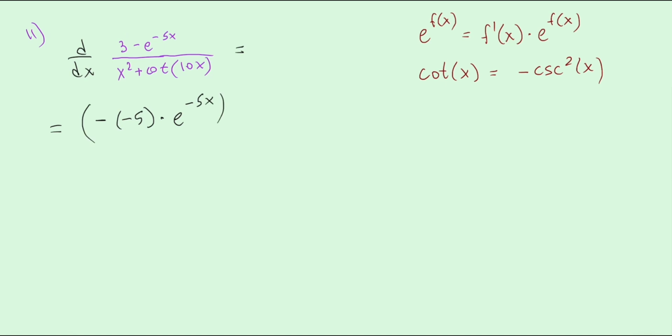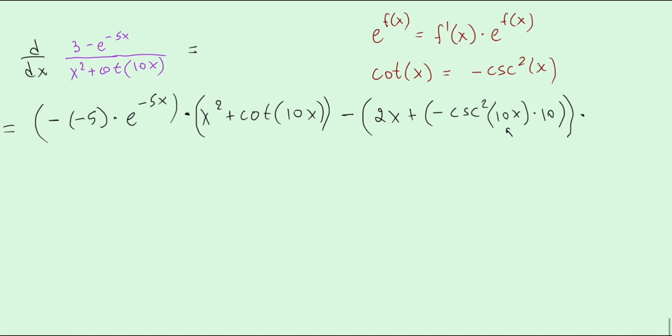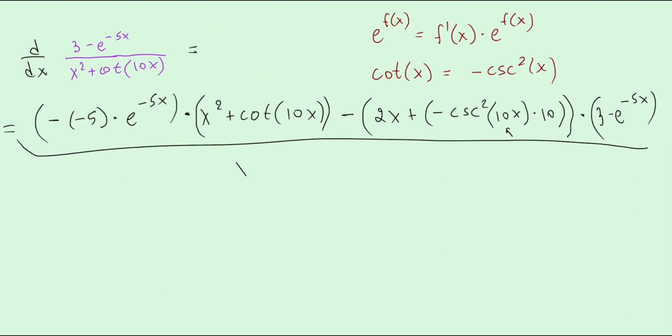Now using the quotient rule, we'll multiply this by the denominator, which is x squared plus cotangent of 10x, minus the derivative of the denominator, which is going to be 2x, plus the derivative of cotangent, which is negative cosecant squared of 10x, times the derivative of the inside function, which is 10, times the numerator, which is 3 minus e to the negative 5x, over the denominator squared.